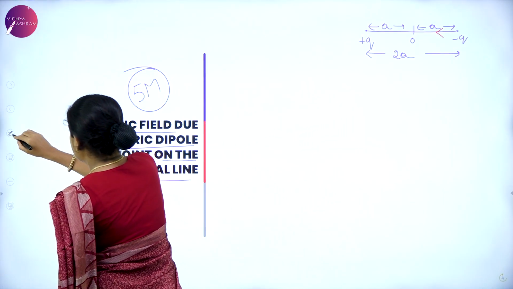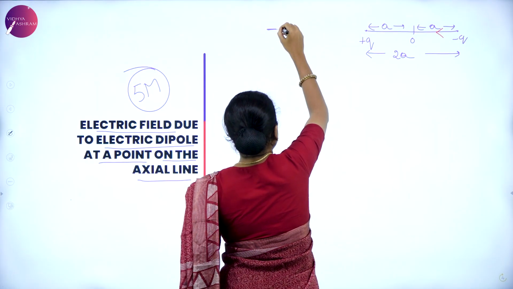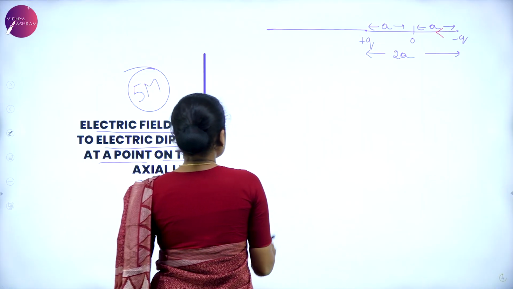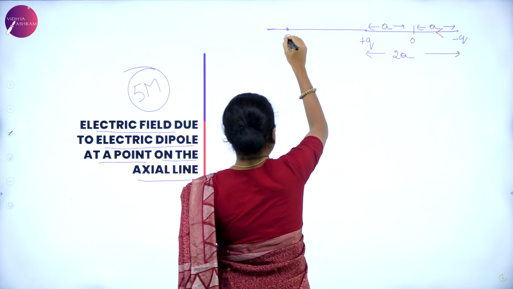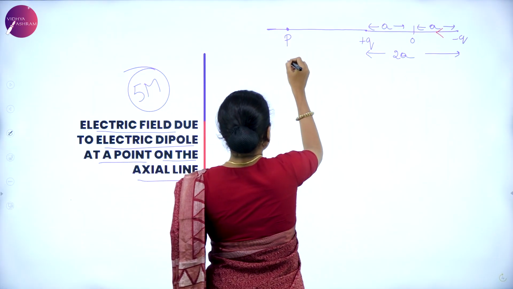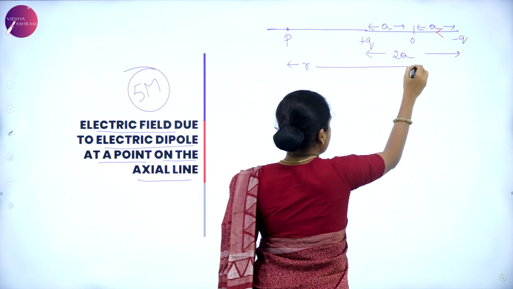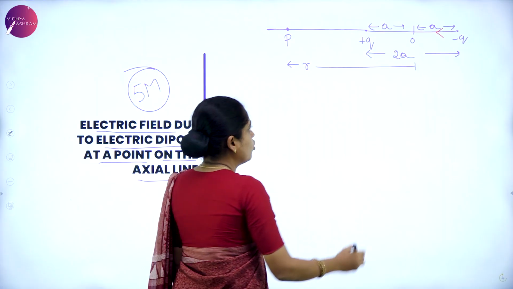Then what is an axial line? Axial line is the line which joins the two charges. On this axial line, let us consider a point P at a distance R from the midpoint of the dipole.